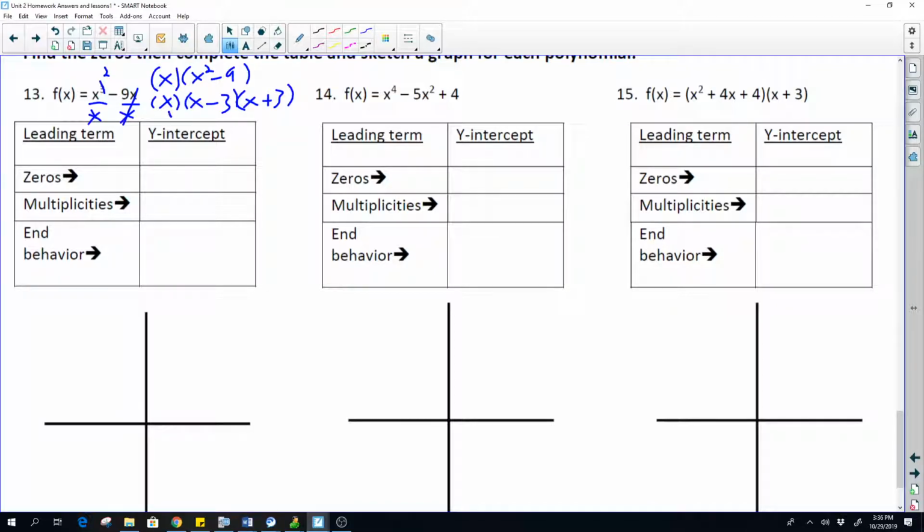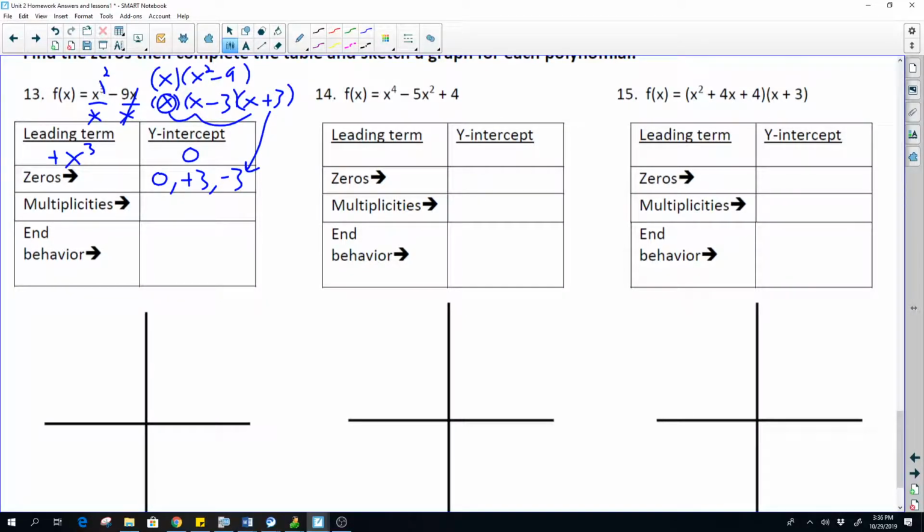Okay, so looking at our leading term, we have x times x times x, which is x to the 3rd power, and it's positive. The y-intercept, if you plug in a 0 there, it's all going to become 0. Cool. The zeros are going to be at x equals 0, a positive 3 first, then a negative 3, because remember you're doing opposite signs.